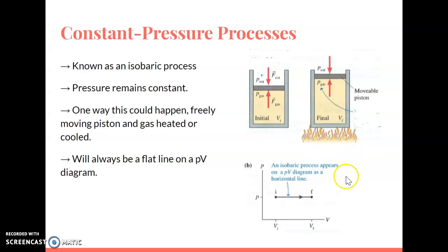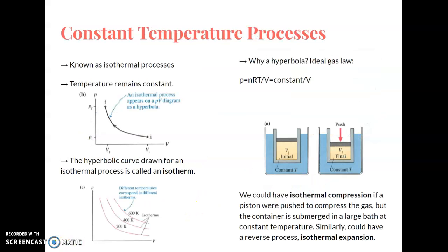If this is done in such a precise way, dealing with the ideal gas law, it's done proportionally enough for pressure to remain constant. We can also have a process in which temperature remains constant throughout the process.